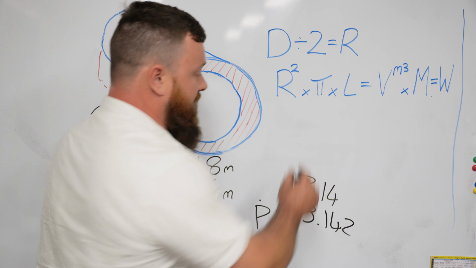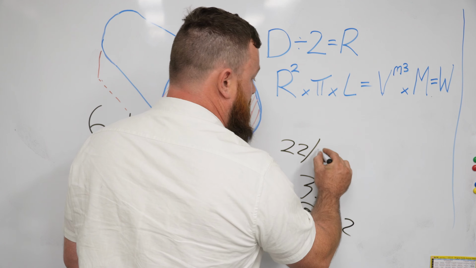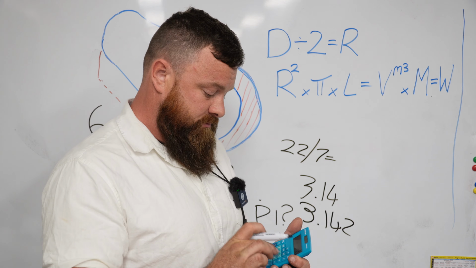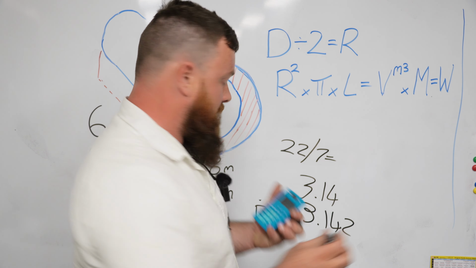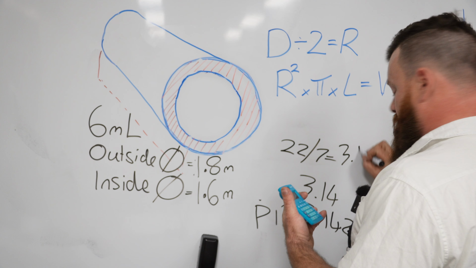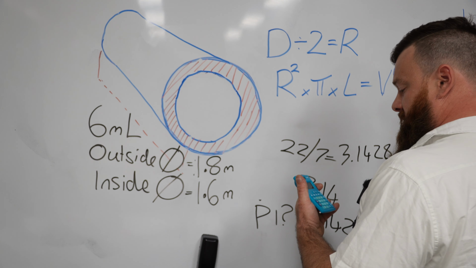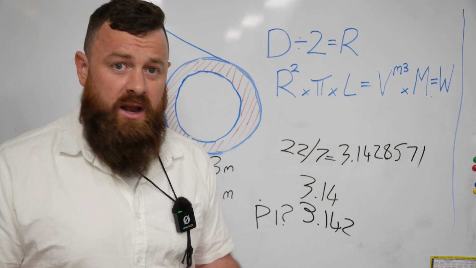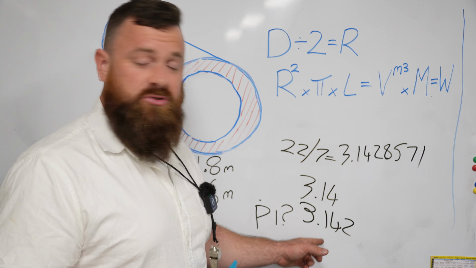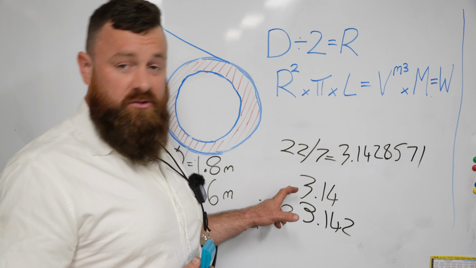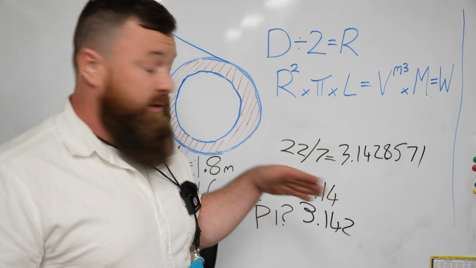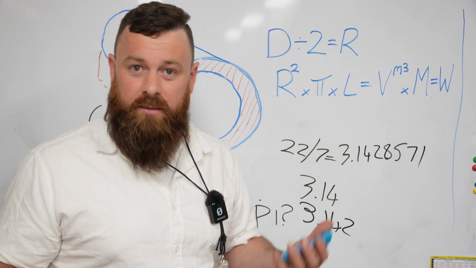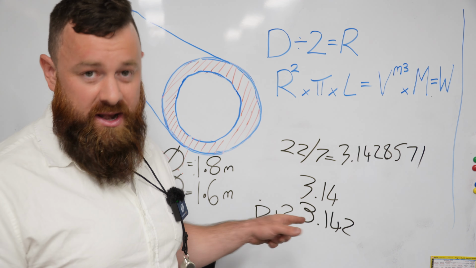Somebody else might say it's 22 divided by 7, which equals 3.142857, etc. Now there's nothing wrong with any of these, okay? My pi equals 3.142. Your pi could potentially equal 3.14. Someone else's pi, if they forget it, they can figure it out this way. I don't know what the actual number for pi is. I just know it is around about that number.